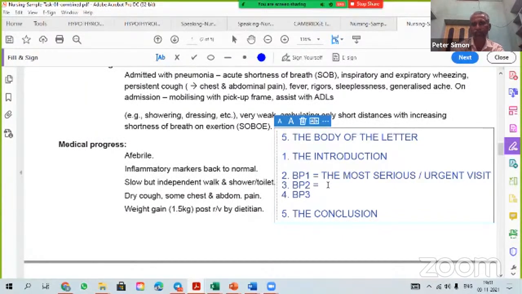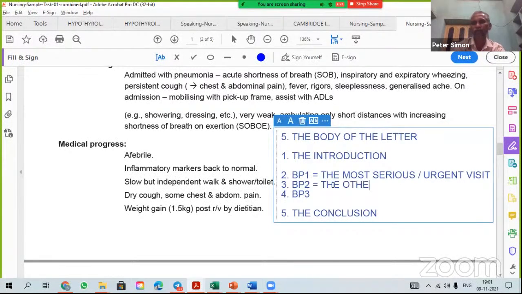And then the next, the other serious problems, or the ordinary visits or other visits.